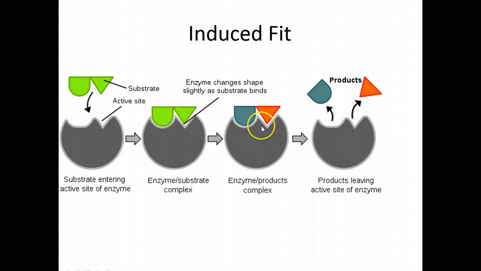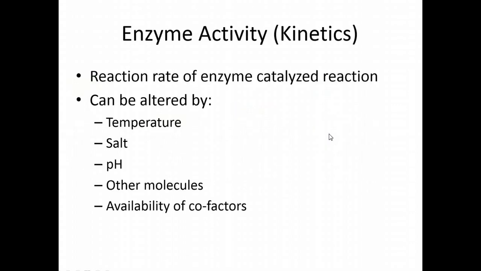And then the products are produced, and then the products are released, and now if you notice, we're going back to the original shape that was over here. So this cartoon's trying to show you the changes the enzyme actually undergoes. It's shallow here, then it gets thick, then it releases.